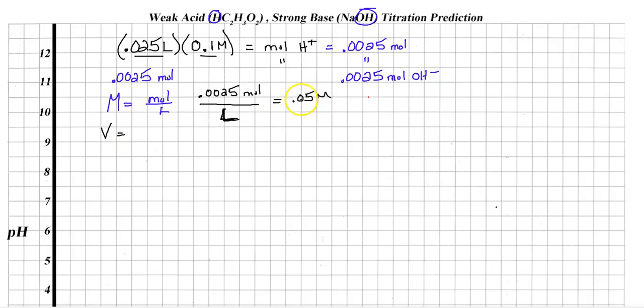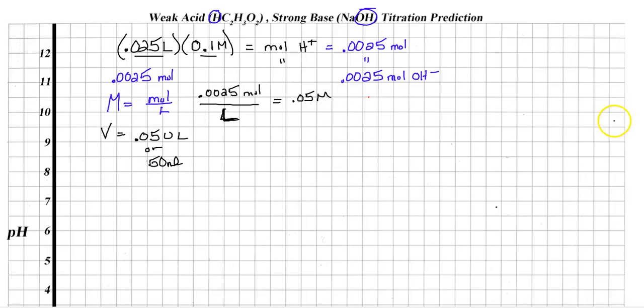All I'm doing algebraically is 0.0025 divided by 0.05 to solve for the liters, and I get 0.05 liters, or the same thing, 50 milliliters.